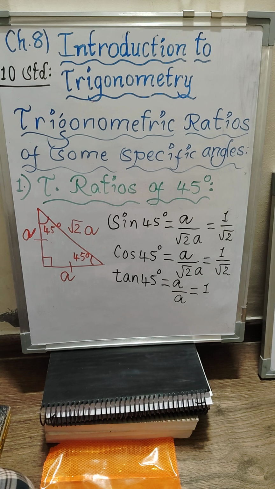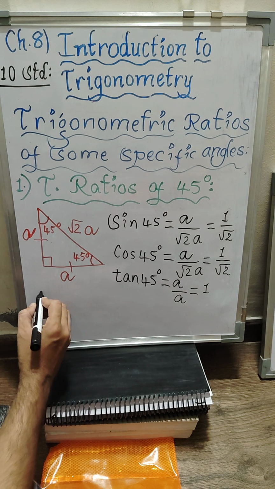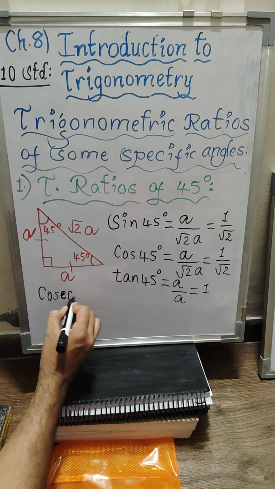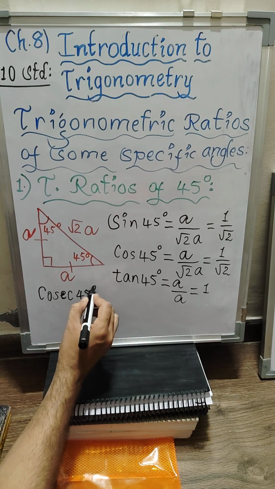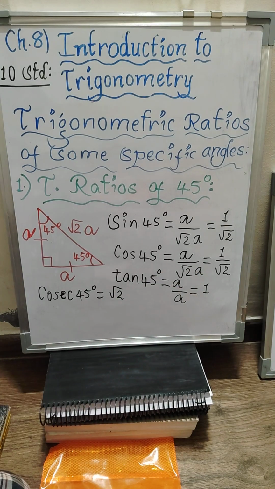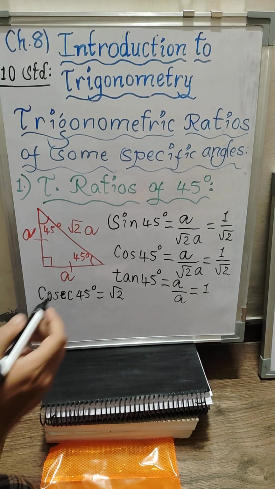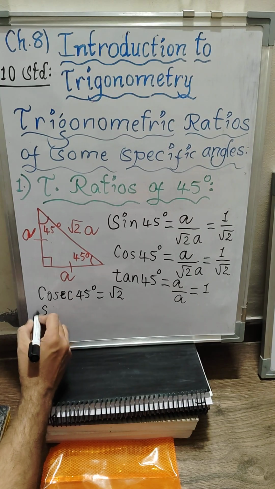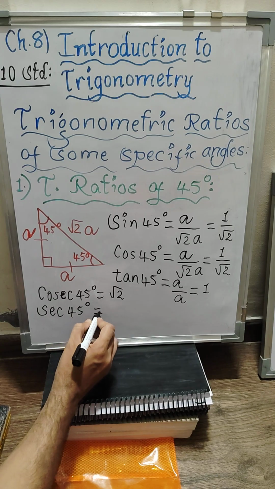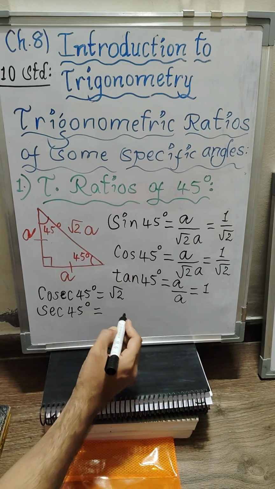Their reciprocals we can write again. Cosecant 45 degrees is equal to root 2 by 1, which becomes root 2. And secant 45 degrees is a reciprocal of cos 45.